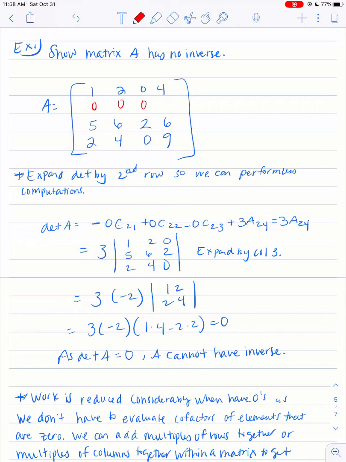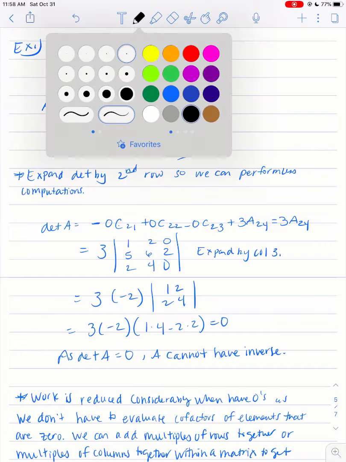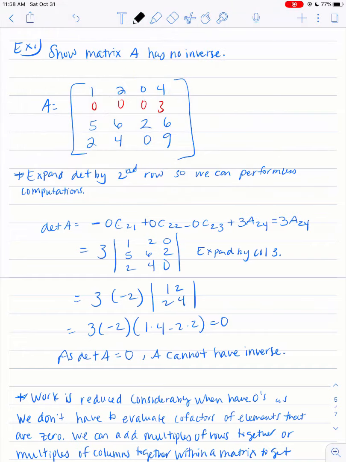So that's 0, 0, 0, 3. The reason we would be performing less computations is because there are 3 zeros in that row, so we would be multiplying 0 times our cofactor, which would just be 0. So essentially, we would only be performing computations for the 3 in that row.